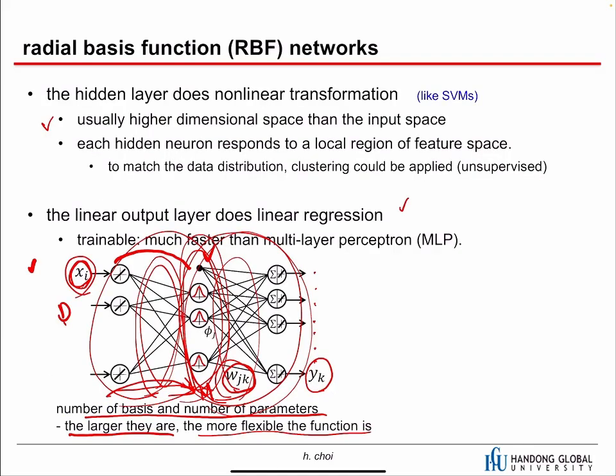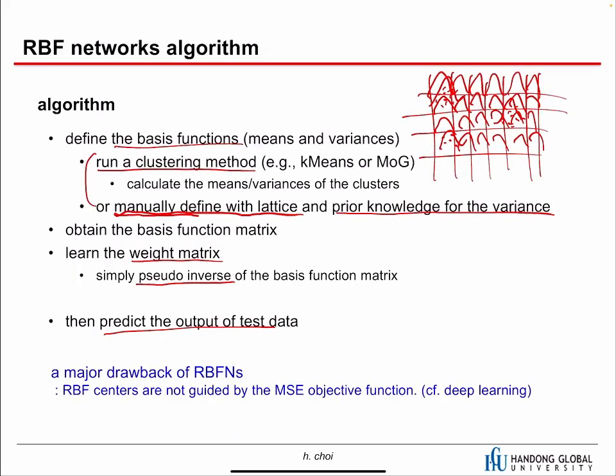In the previous slide, when we define these basis functions, these basis functions are defined regardless of the objective functions. But in deep learning, all the layers are organized to optimize one single objective function.